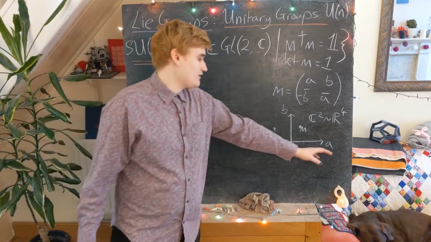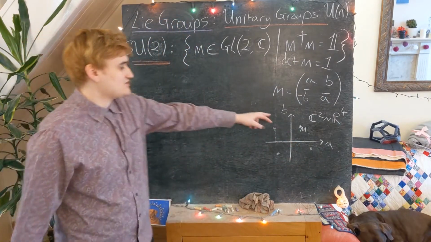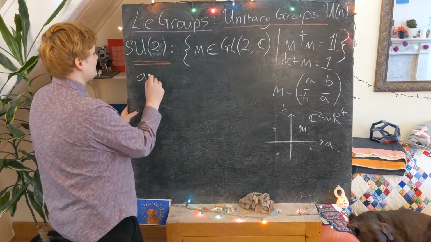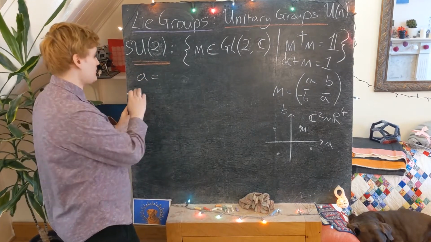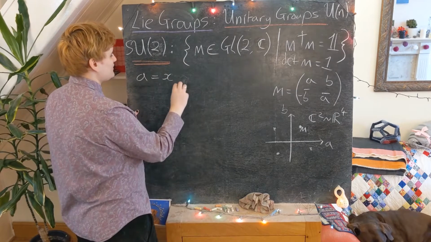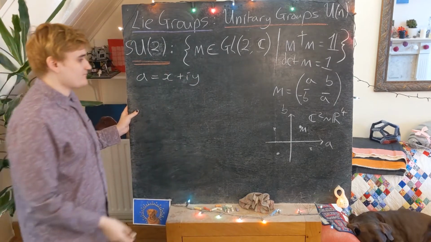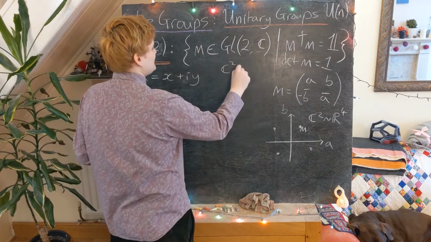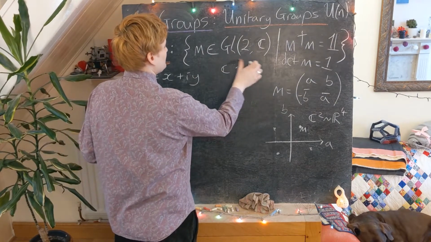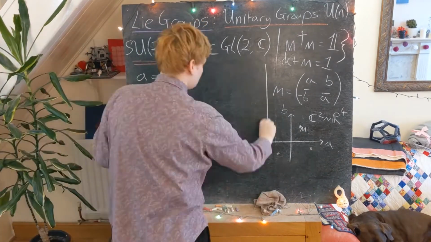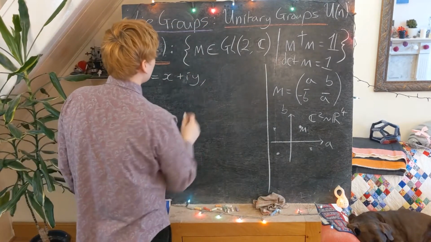If I now introduce not 2 complex parameters but 4 real parameters by saying that the complex number A is going to be some coordinate x plus iy. Remember, this is using my identification that the complex plane is the same thing as R2. So we're going to have now two coordinates.